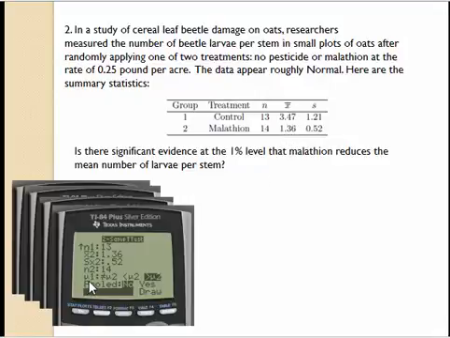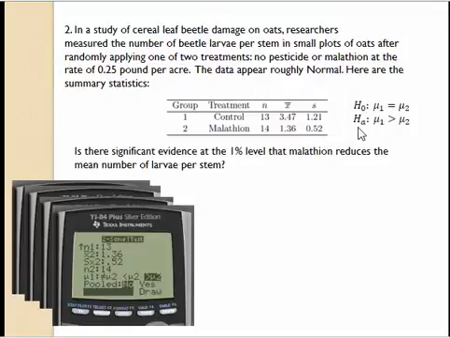Since it's set up in the calculator as mu1 first, we need mu1 to be greater than mu2, just like it appears in our sample. We're trying to test whether, based on random sampling, that's significant evidence for the population. You can hit either calculate or draw. If you do calculate, it'll just give you the numerical values you need. If you do draw, it'll also draw the t-distribution and show you the shaded area.